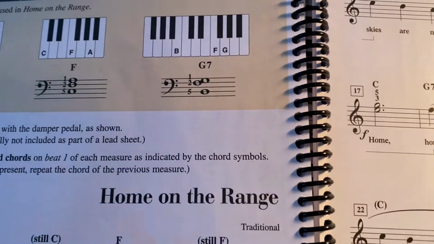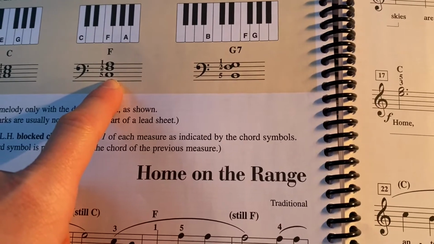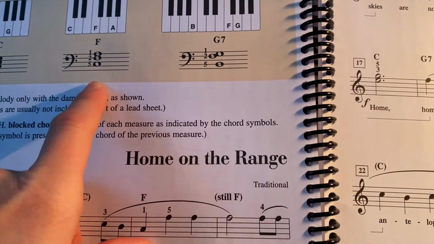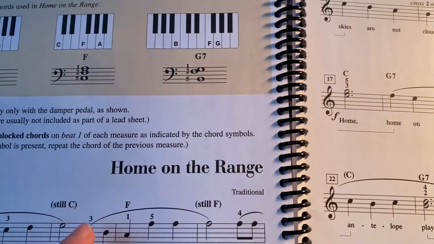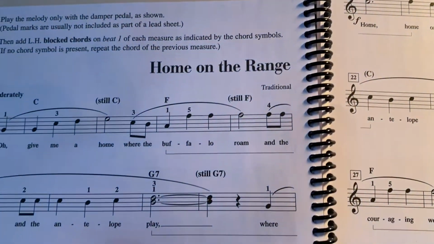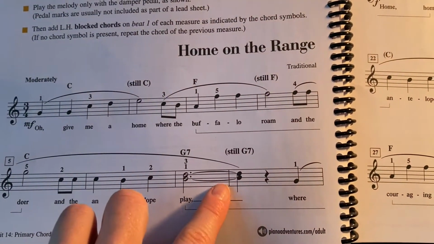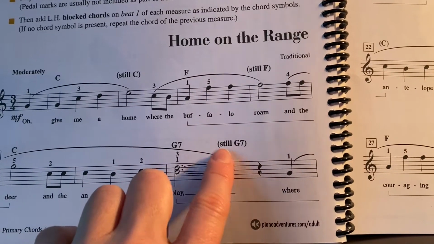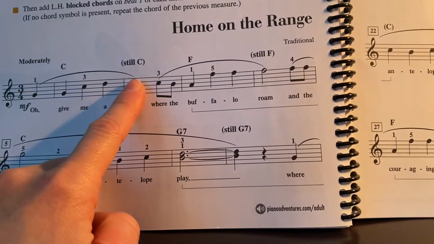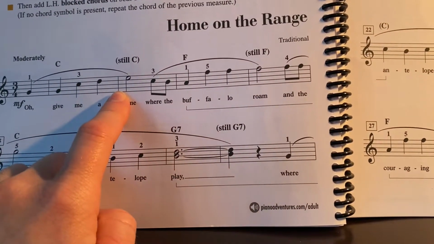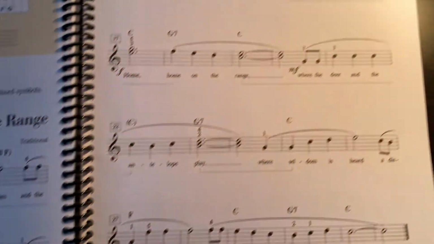Here it's telling you it's the F chord with the C on the bottom. It's just an inverted F, or a fourth. And then the G7 is going to be through here too. Now when it says still G7, you can either just hold it or play that again, whatever sounds better to you.